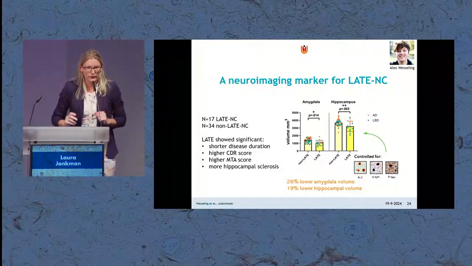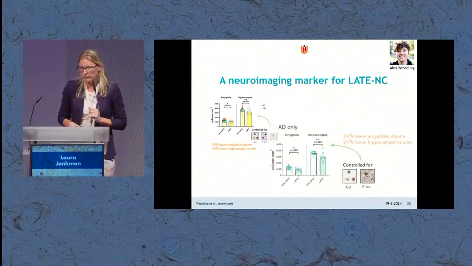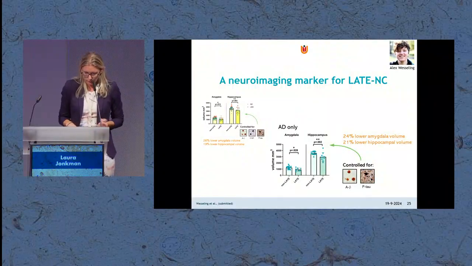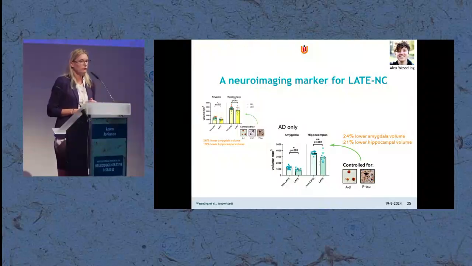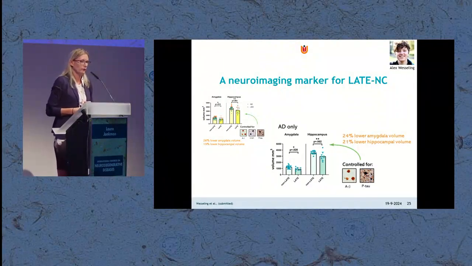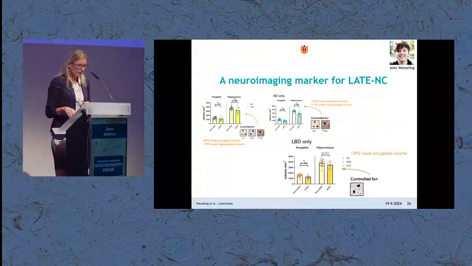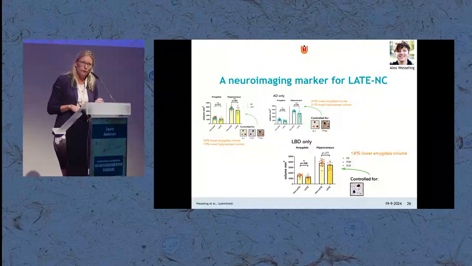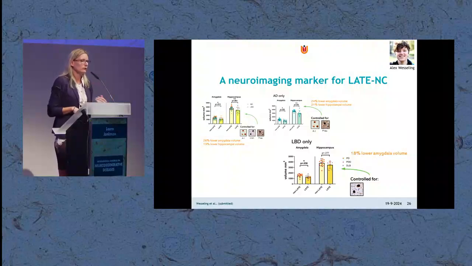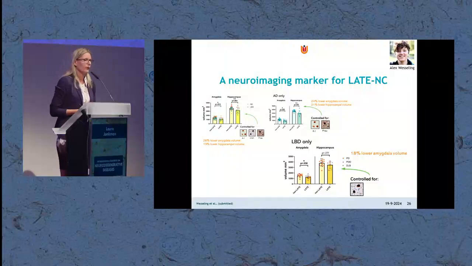Now, stratifying in disease states, so first on the Alzheimer's disease, we found a lower amygdala volume and also lower hippocampal volume, again while controlling for amyloid and tau. In the Lewy body disease cases, which consist of Parkinson's disease dementia and dementia with Lewy bodies, we predominantly found a lower amygdala volume.